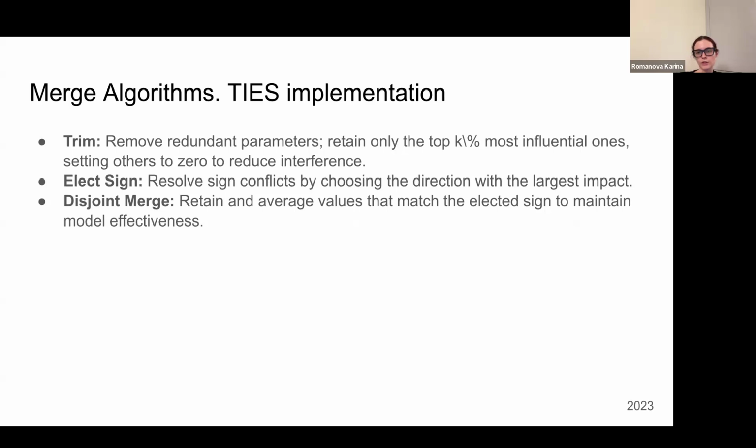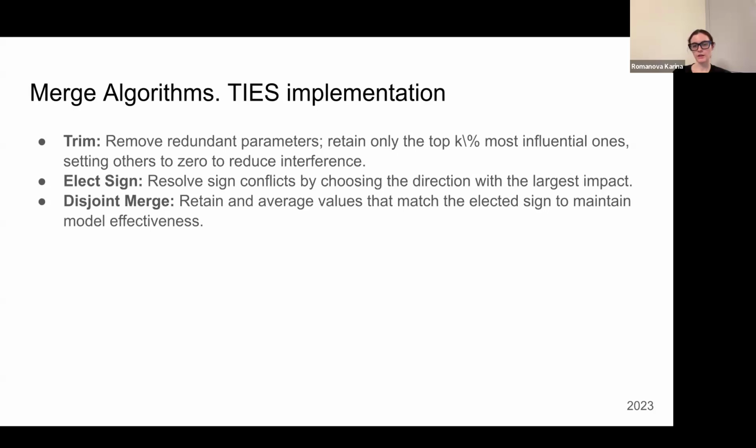Let's talk about the implementation of the algorithm. It involves several crucial steps to ensure effective model merging. The process begins with the identification of redundant parameters in each model. This identification is typically achieved through sensitivity analysis or by evaluating the contribution of each parameter to the model's output.